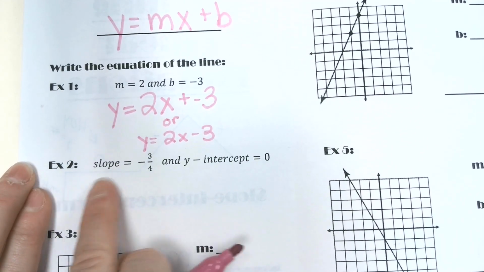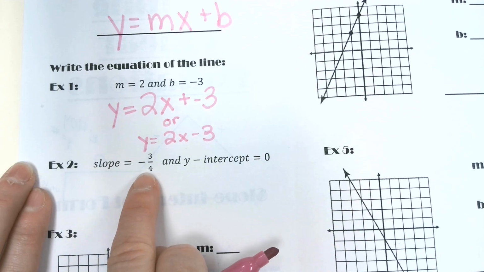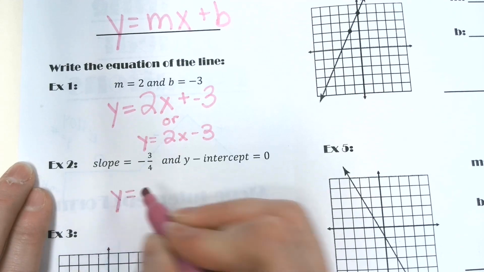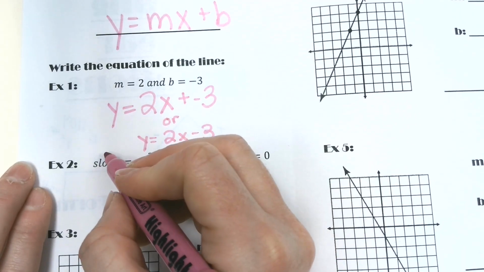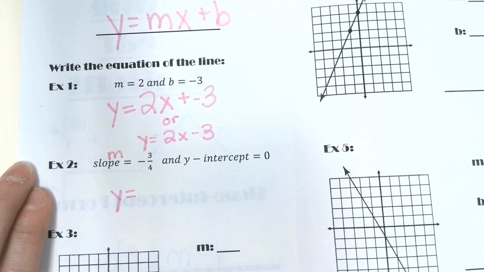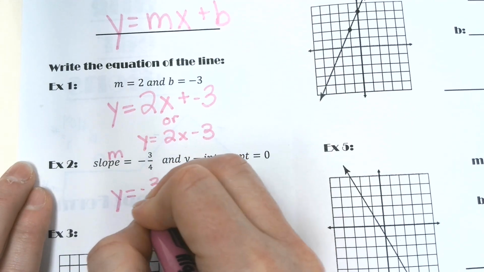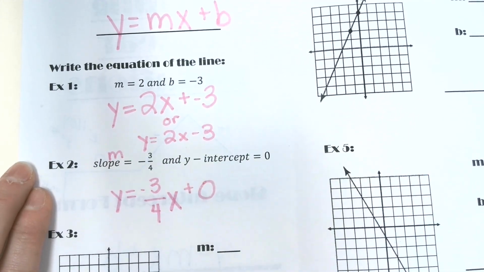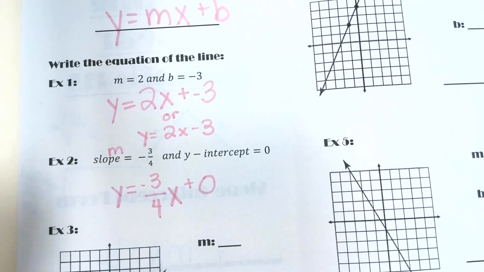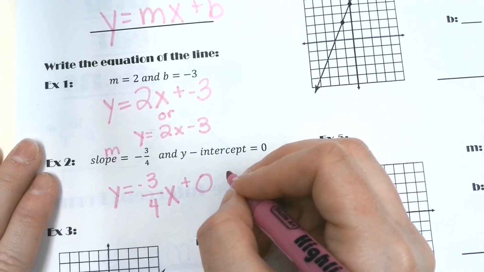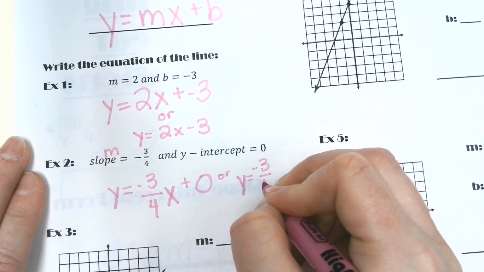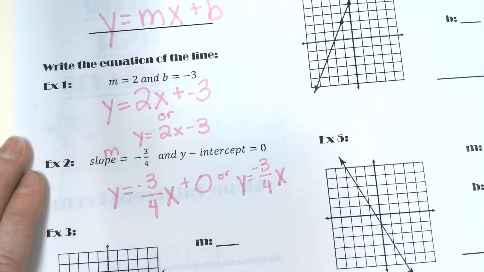Example 2. Slope of negative 3/4, so y-intercept of 0. So y equals, slope is m, negative 3/4 x plus 0. But we don't need the 0, so I'm going to write, or, y equals negative 3/4 x.